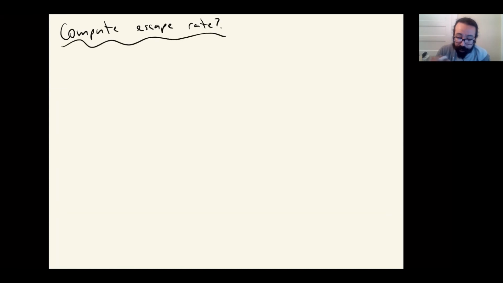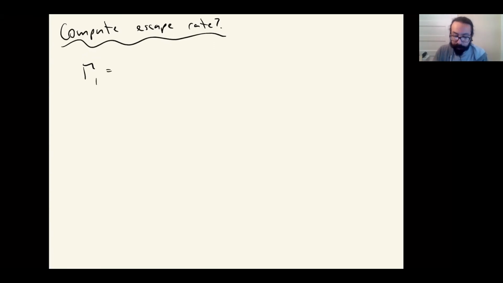Now let's get back to, we want to compute something. So how do we compute escape rate, for example? Here we get into the weighting or the measure of our chaotic system. The idea is, let's see, after one bounce.